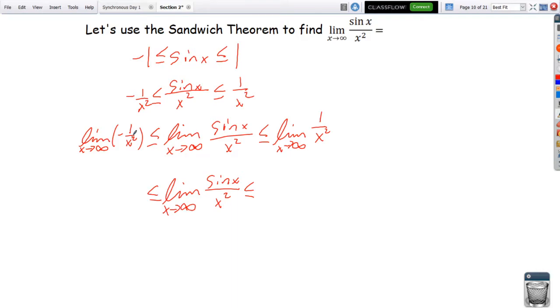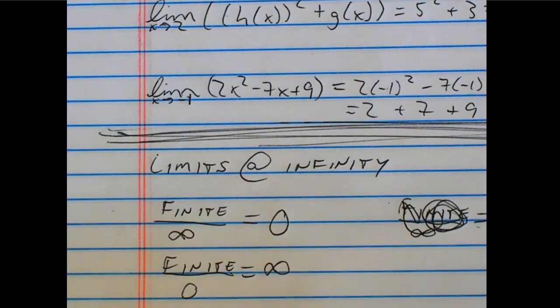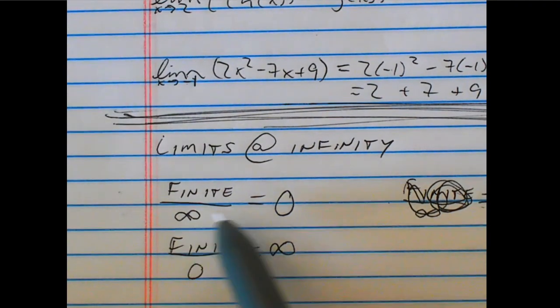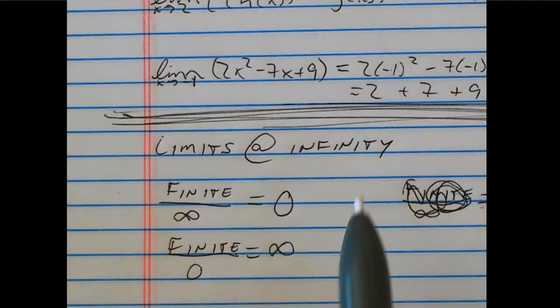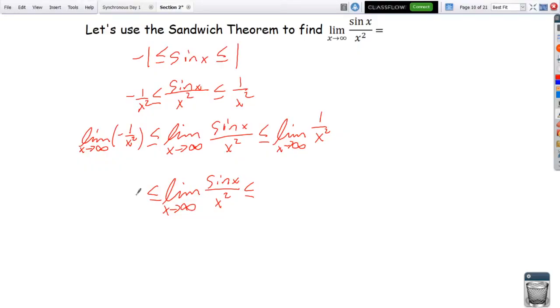I go back to the notes that I told you guys you should probably have. Right here. Finite divided by infinite, well, that's just 0. So this is 0. Over here I've got finite. I can count to 1. 1, I just did it. Divided by infinity squared, so that's infinite. Finite divided by infinite is going to be just 0.